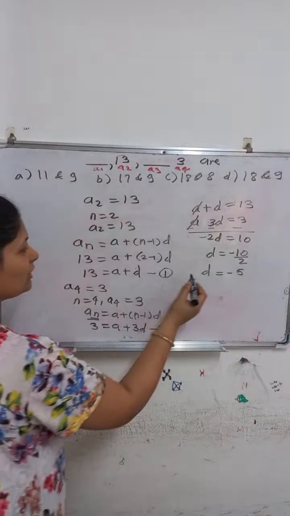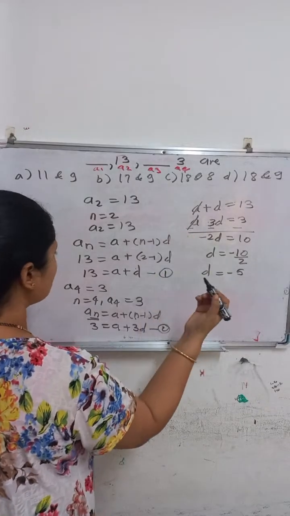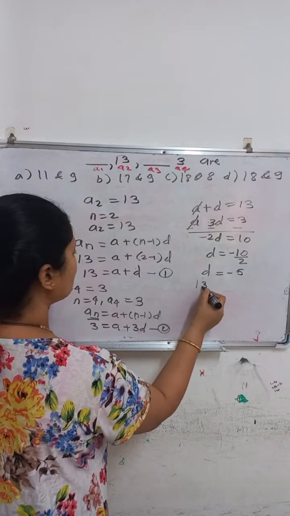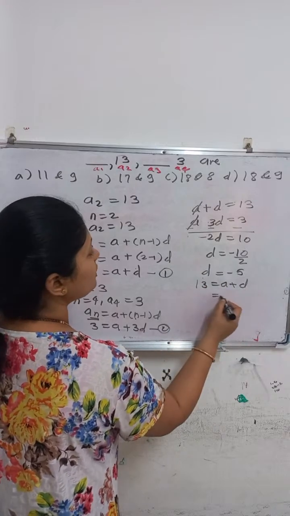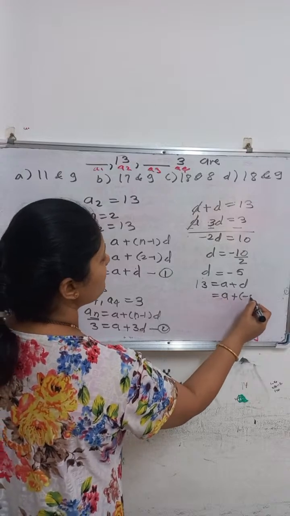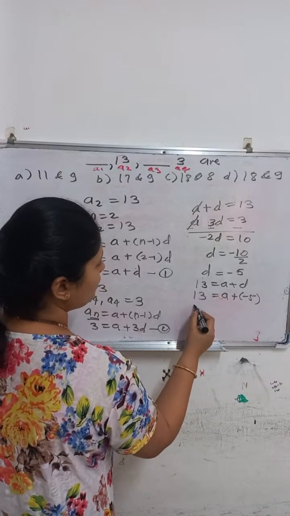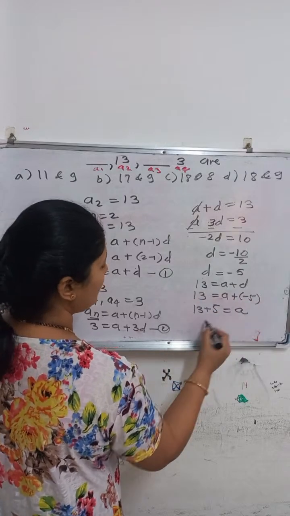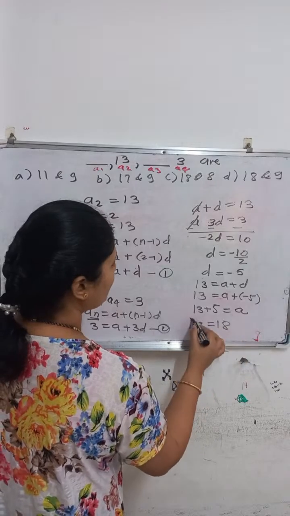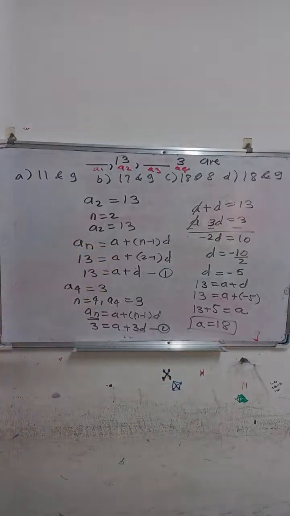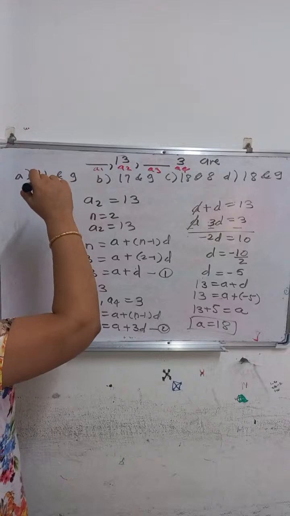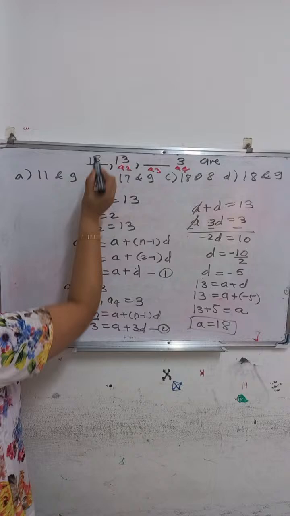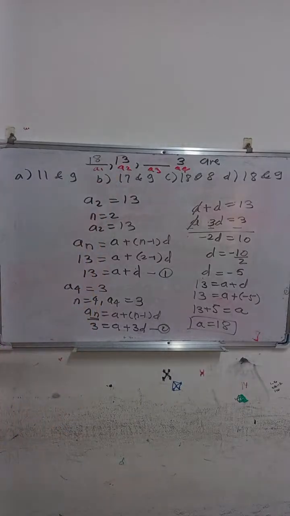So once we get the common difference, put it in any equation and find out the value of a. Here I will use 13 is equal to a plus d. So a I will keep as it is, minus 5 plus 13. Here 13 minus 5 you can transpose. So a is equal to 18. Can you get this? So the first term will be 18.